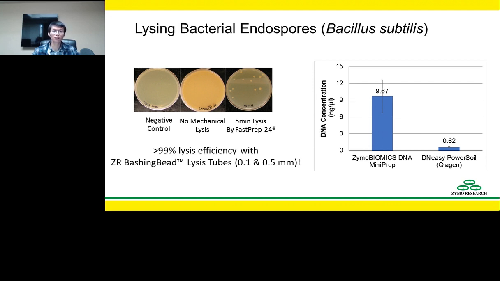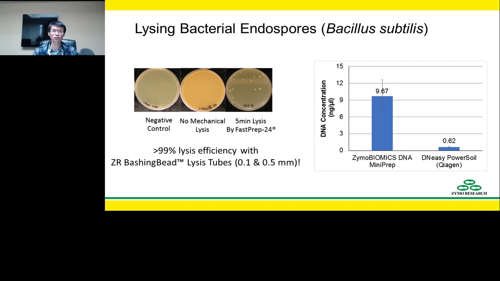Next, I will give a particular example about lysing bacterial endospores. In this case, we look into how mechanical lysis can lyse bacterial endospores. In this experiment, we used endospores from Bacillus subtilis and put them through mechanical lysis using the ZR BashingBead Lysis Tube, which has a mixture of 0.1 and 0.5 millimeter beads.